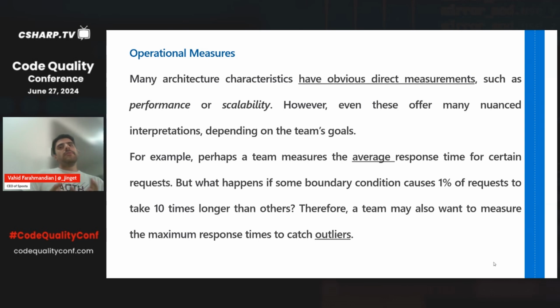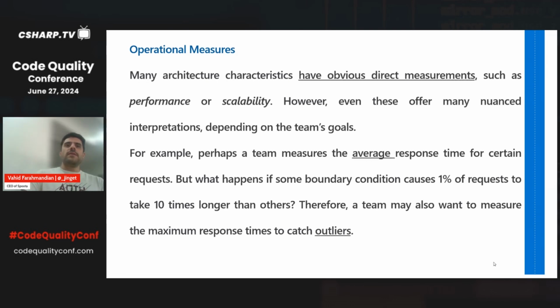The main problem when we are working on operational measurements is the fact of outliers in our data. Suppose that we're going to measure the response time of our applications, which might be about measuring the performance and scalability of our applications. When we're working with response time, we might have some data set.